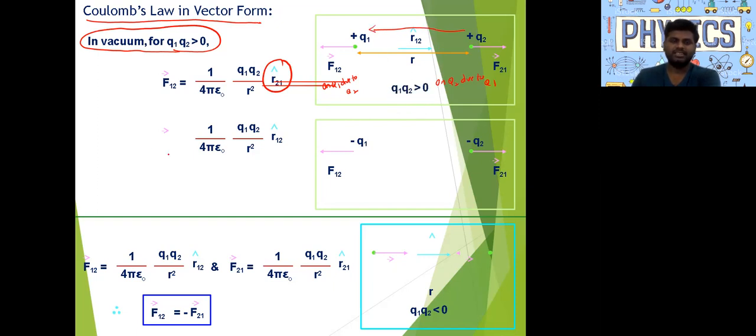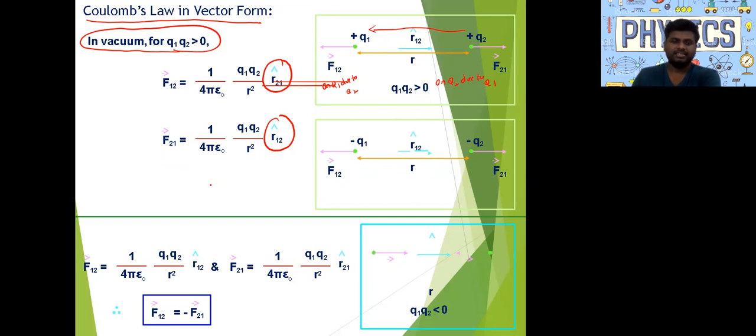Similarly, we write F21 is equal to 1 by 4 pi epsilon naught Q1 Q2 by R square, and the direction is 1 to 2, meaning charge Q1 to Q2. And here we are taking both negative. Here also we get a repulsion force. This is F12 and here F21.